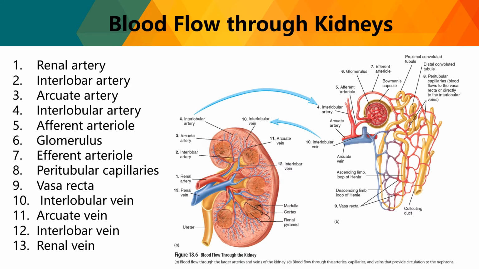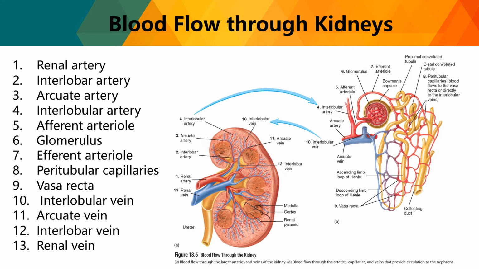So interlobular, going to your afferent arteriole, and then to your glomerulus, exiting your efferent arteriole, and then going to your peritubular capillaries, and then going to your vasa recta.